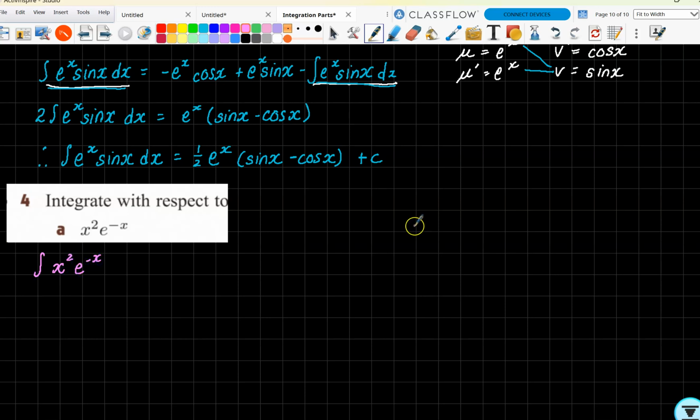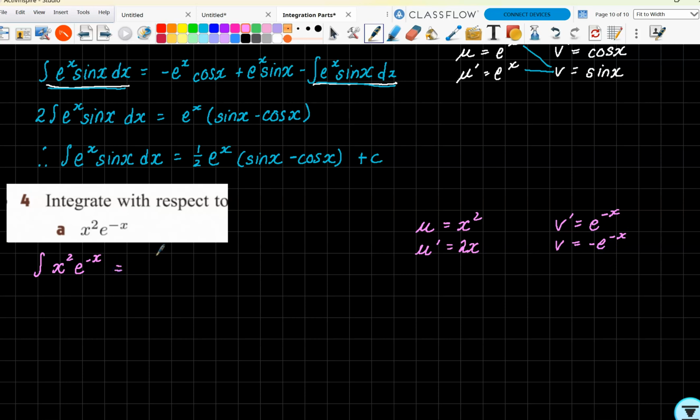Okay, I'm going to start by going, u is going to be x squared, and therefore u dashed will be 2x. And then my v dashed will be e to the minus x, and therefore my integral will be minus e to the minus x.